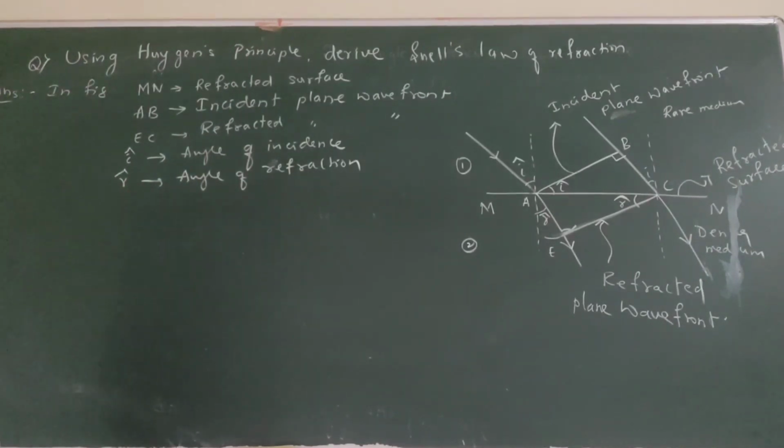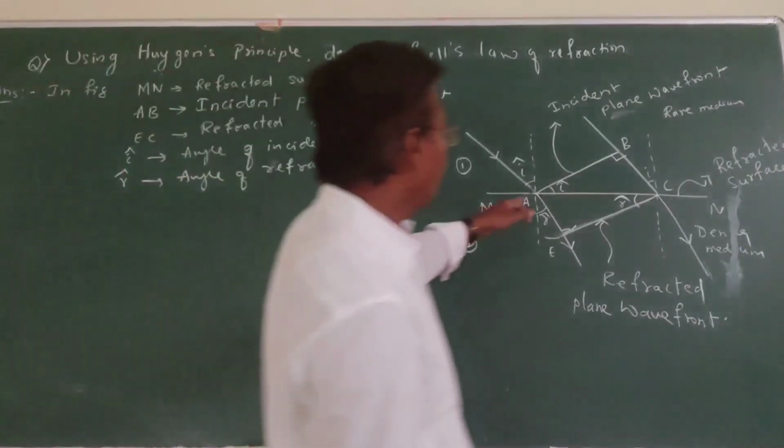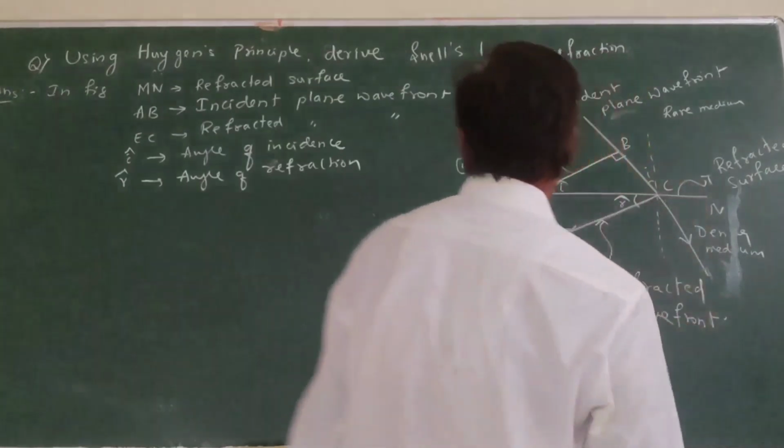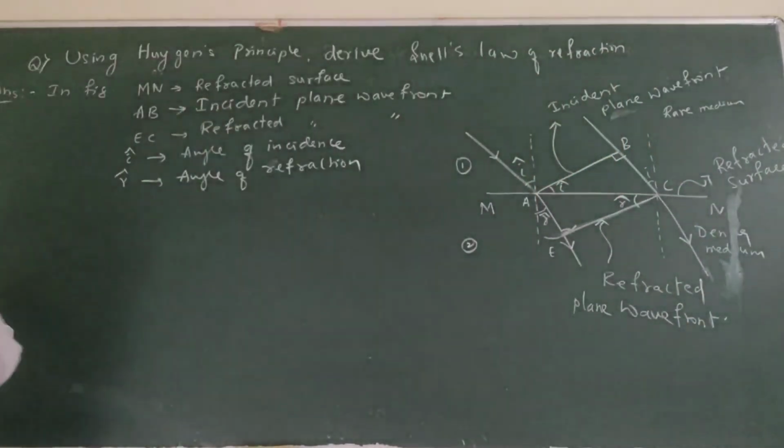Okay. So now we are going to derive this equation. The ray is traveling from B to C. That is BC, we can find the distance.